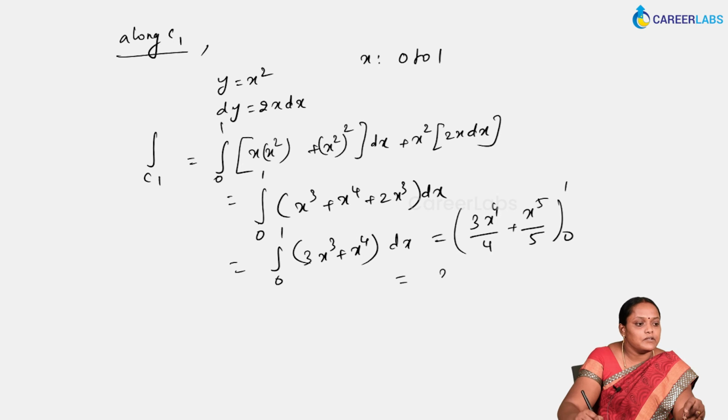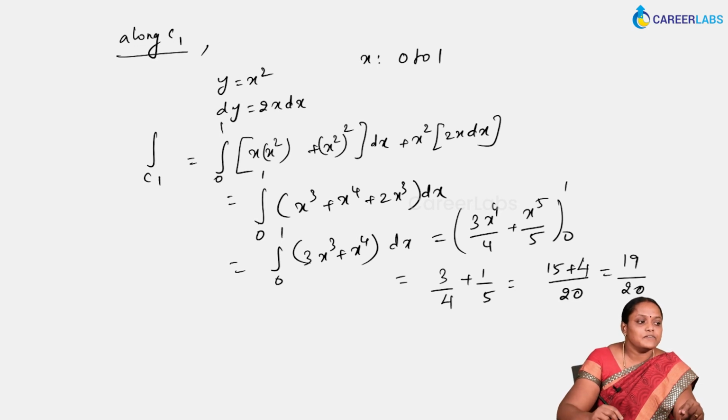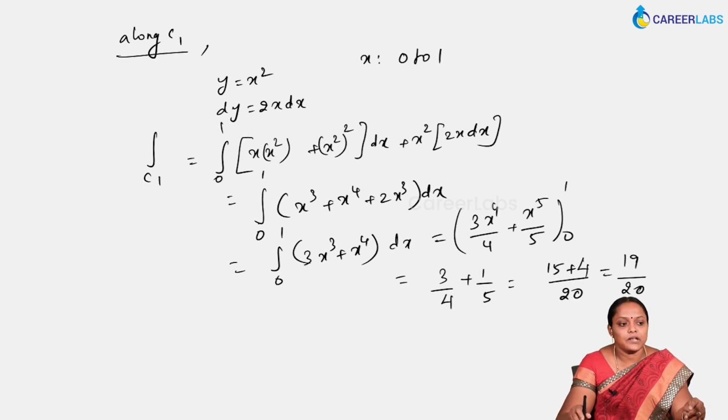Applying the limit, you get 3 by 4 plus 1 by 5, which is (15 plus 4) divided by 20. Therefore, the value of the integral over C1 is 19 by 20.